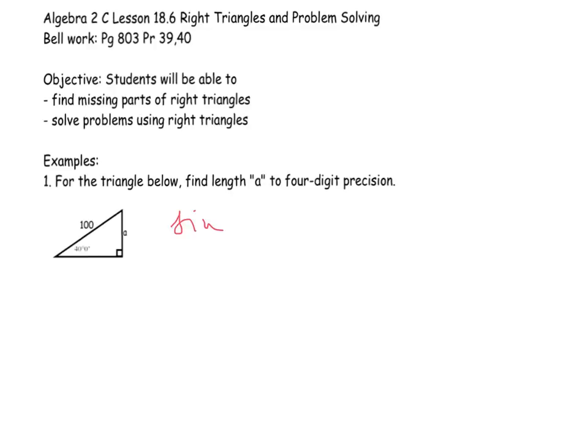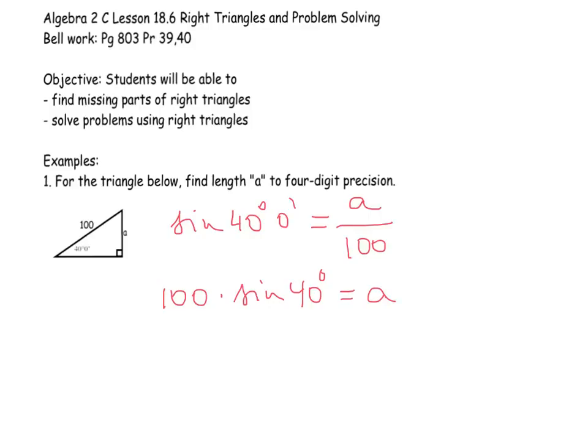So sine of 40 degrees and 0 minutes will equal A over 100. And if I multiply both sides by 100, I will get 100 times the sine of 40 degrees equals A. And now all I have to do is punch this in my calculator.